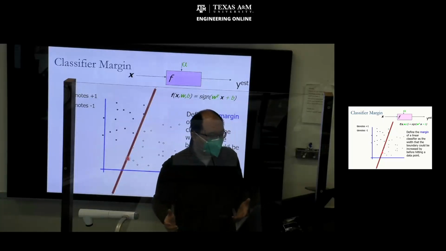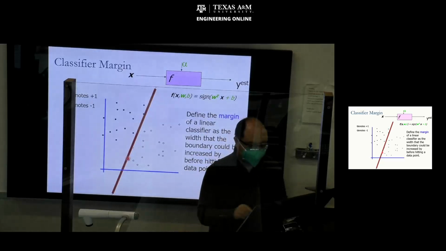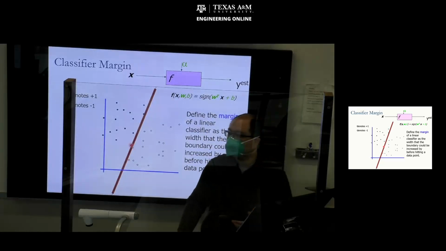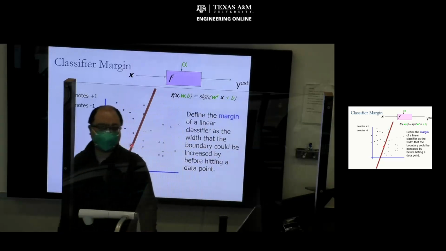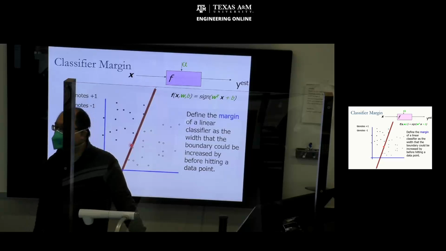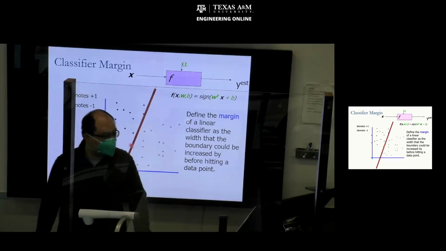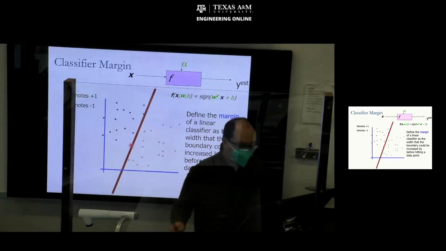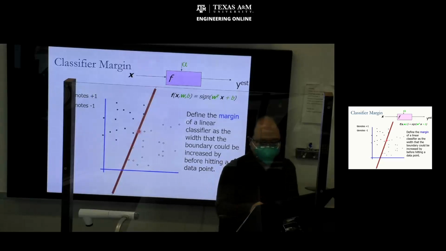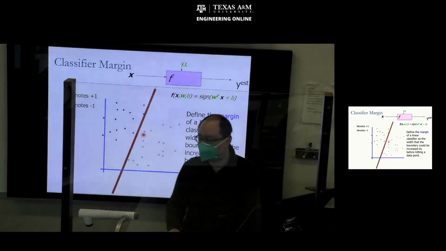Do we all know how to calculate such margin? So we can keep W and move B left until hitting the first blue or white.